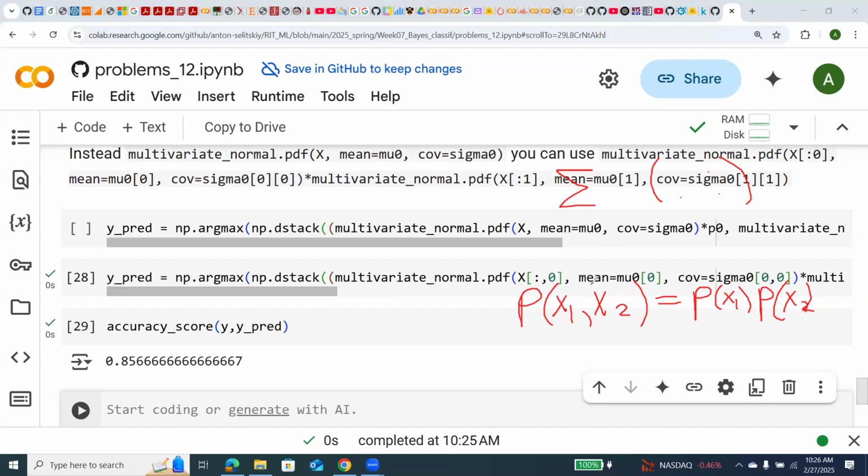In our naive Bayes approach, we used only the diagonal terms from this matrix. So we didn't use all the information, but the accuracy is better, which is a little bit counterintuitive.